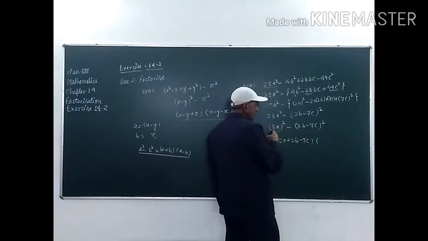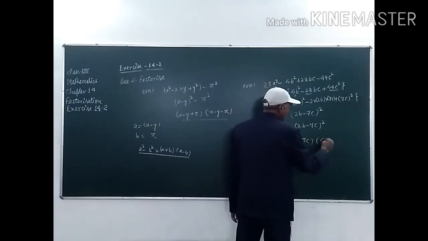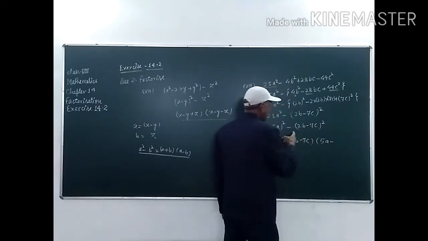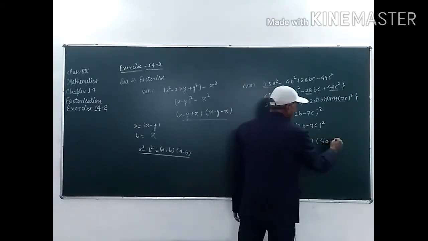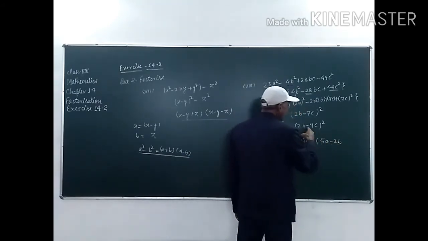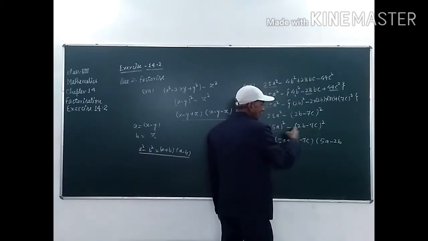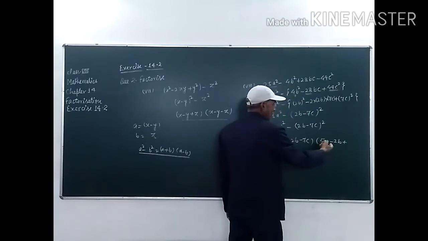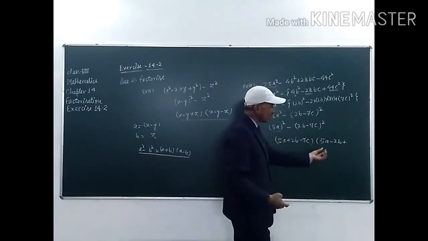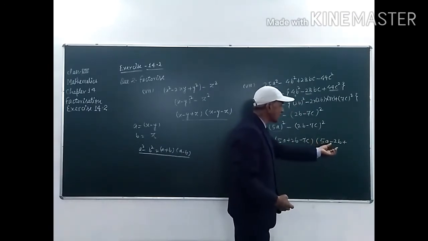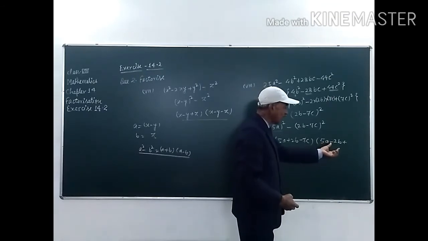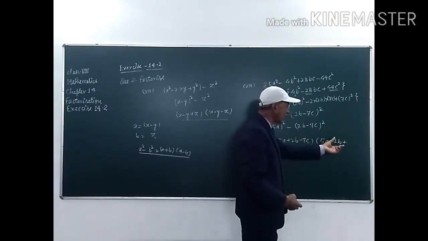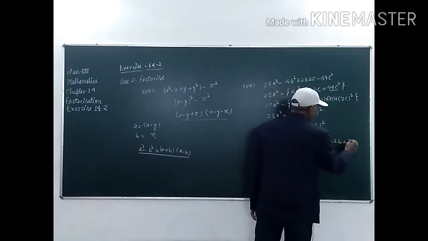In place of a there is 5a minus 2b, and negative it will be positive students. So plus, because we have taken here negative sign students, so it is a minus b minus 2b plus 7c.